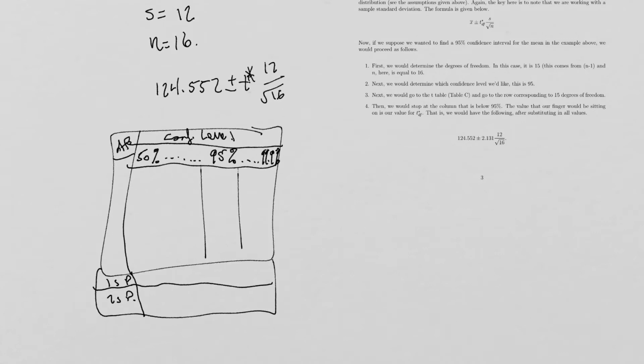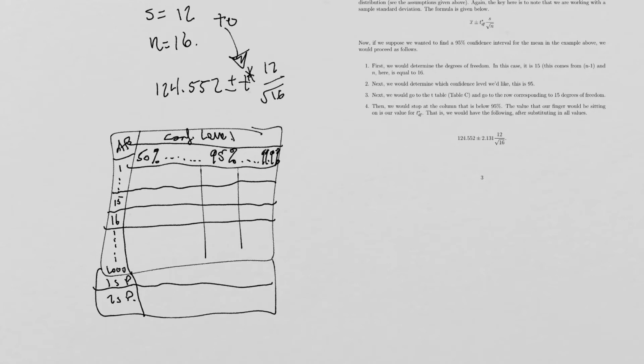And the degrees of freedom, of course, goes from 1. I'm going to put 15 and 16, and it goes all the way up to 1,000. And so what you'll find, to get this t-star value, is we use the table at n minus 1 degrees of freedom.